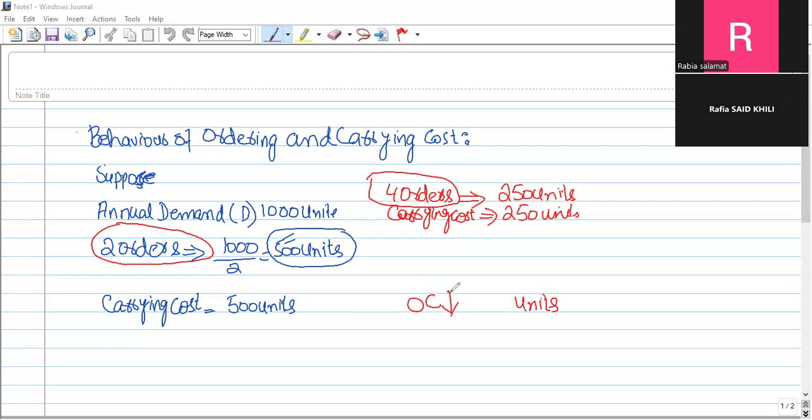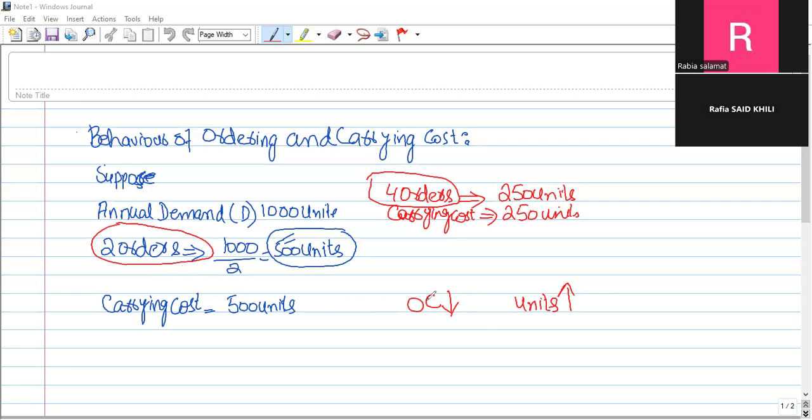So if my ordering cost reduces, my number of units increases. Obviously, if you reduce your number of orders, your ordering cost will reduce, but at one time you have to purchase more units.